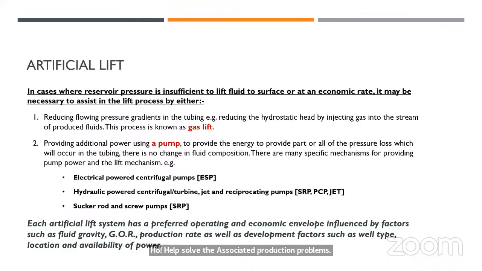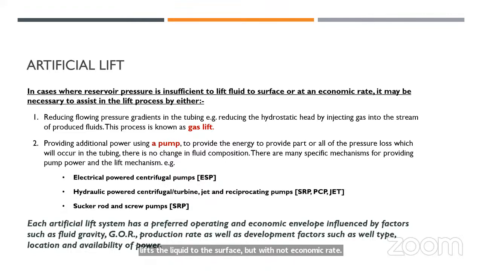Artificial lift: we use artificial lift in some cases when the production rate from the wells or the reservoir is not able to lift the fluids up to the surface. So the energy inside the reservoir is not sufficient to lift the liquid to the surface, or in some cases it lifts the liquid to the surface, but at a non-economic rate.